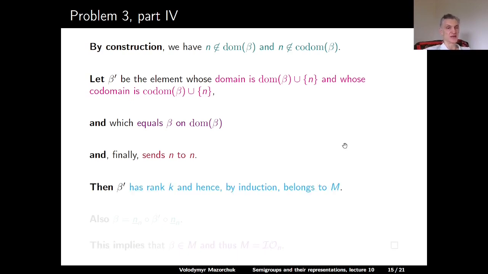Then beta prime has rank k, because we added one more element to the domain, and hence by induction it belongs to M. Also, the element beta is equal to epsilon with the index n-underlined sub n after beta prime after epsilon with the index n-underlined sub n. And this implies that beta belongs to M, and so M is equal to the whole semigroup ION. And this completes problem 3.